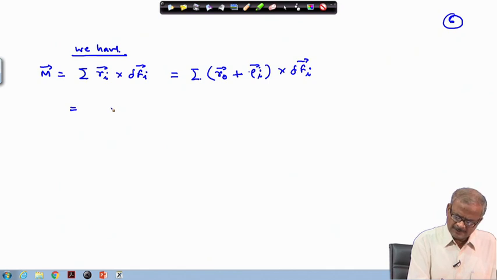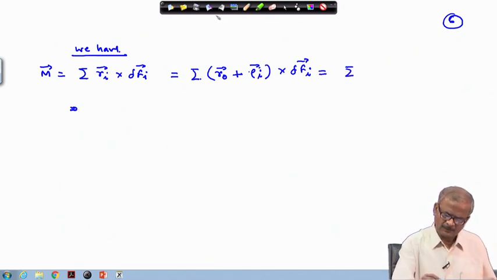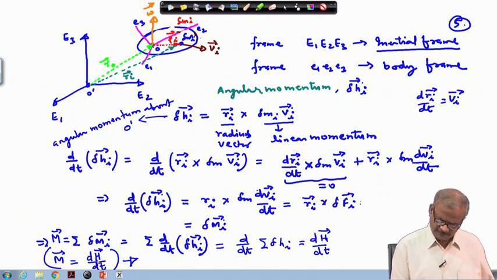On the right hand side, this quantity will be equal to dH by dt, which we are calculating about this point.